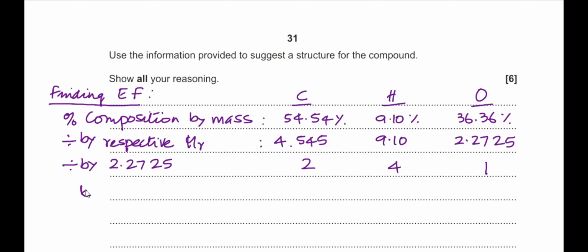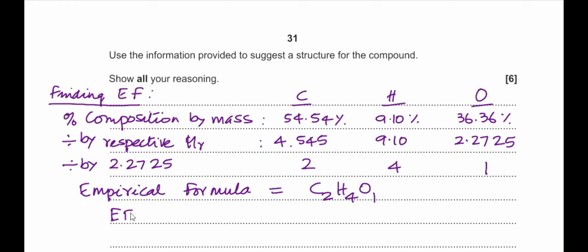Therefore, empirical formula equals C2H4O1. Hence, empirical formula mass is equal to 24 plus 4 plus 16, which is 44.